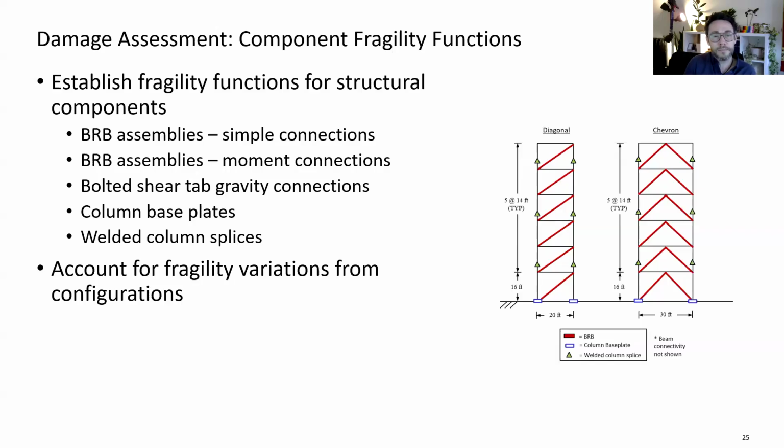And it's important to recognize that sometimes fragilities can vary based on geometry or detailing choices. So in this case, fragilities you'll see later differ based on the BRB to gusset connection. So this is something that would again need to be considered in this step of the assessment.